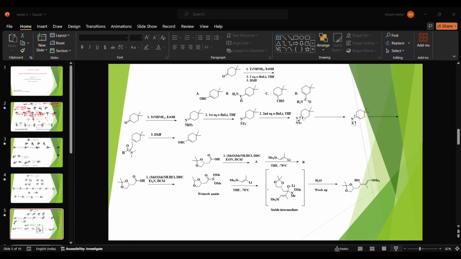Just see, when it attacks the Weinreb amide carbonyl group, it forms a five-membered chelated ring.